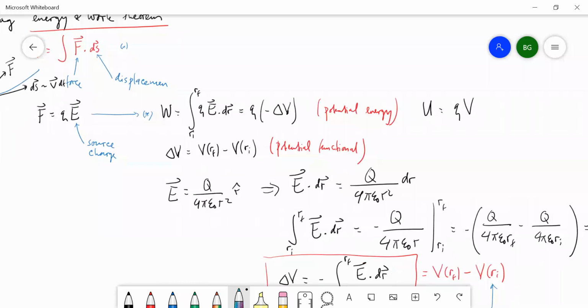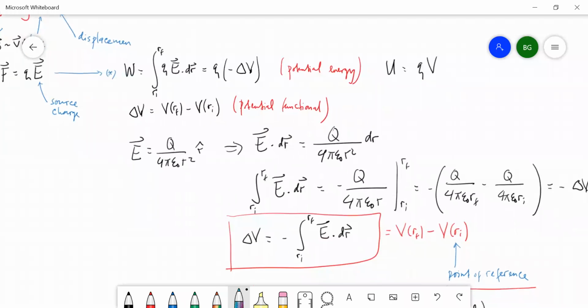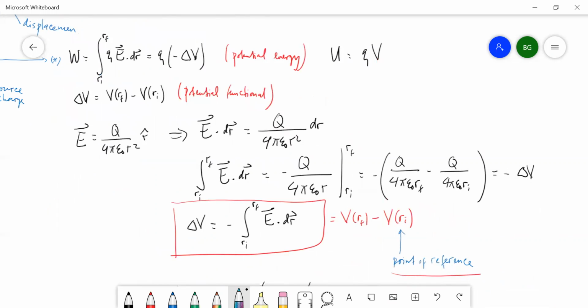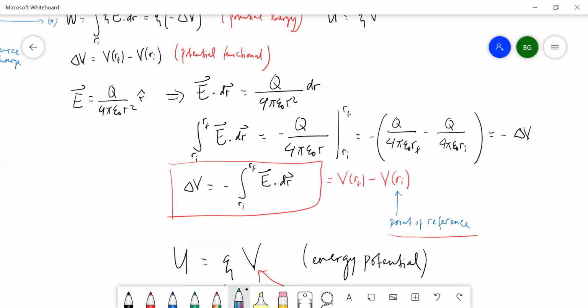Jadi saya tulis pakai minus. Kenapa di situ perlu minus, saya ambil contoh untuk partikel titik tadi. Kalau saya integrasikan di sini, jadi dia minus. Delta itu selalu akhir dikurangi awal, jadi V_rf dikurangi V_ri.